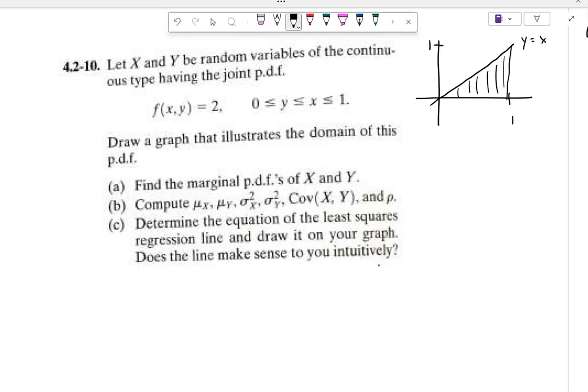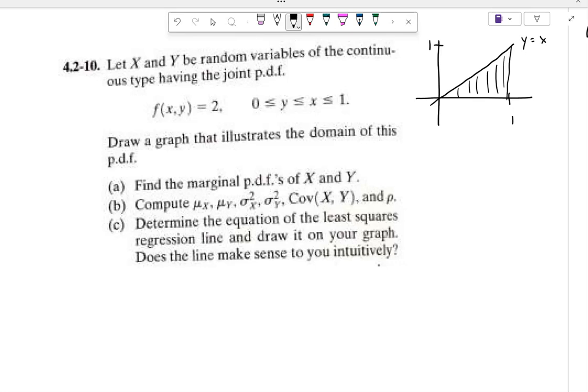Remember, it's not enough for them to be independent because it's rectangular, but you know automatically if your sample space isn't rectangular, they can't be independent. If your x value is a half, can I get a y value of 3/4? No. So the possibilities for y depend on what you have for the x value, and vice versa. So they have to be dependent. They don't have a choice.